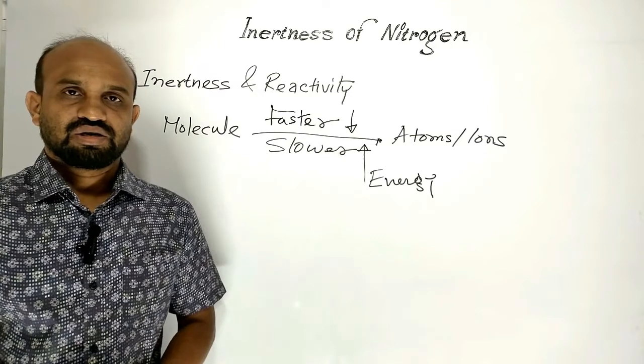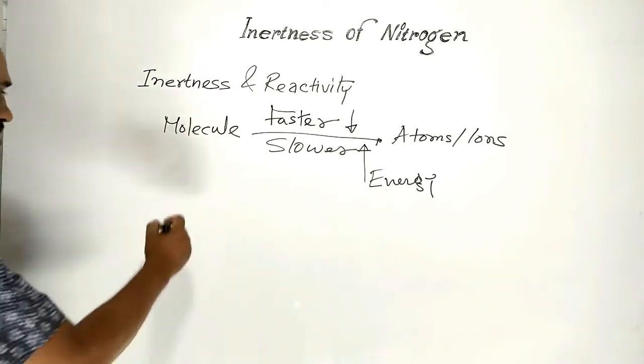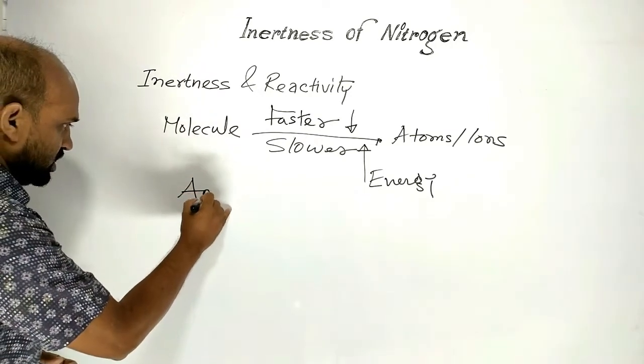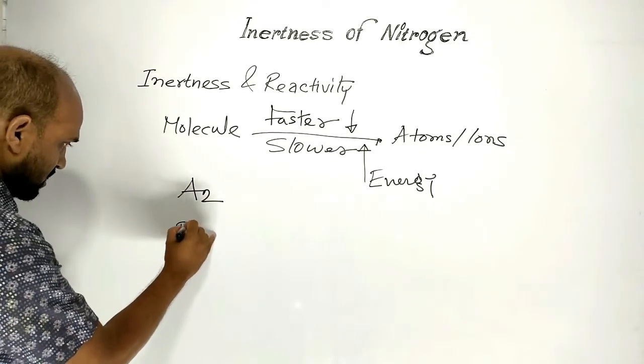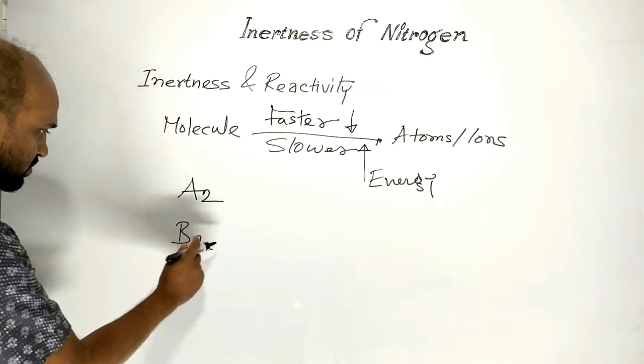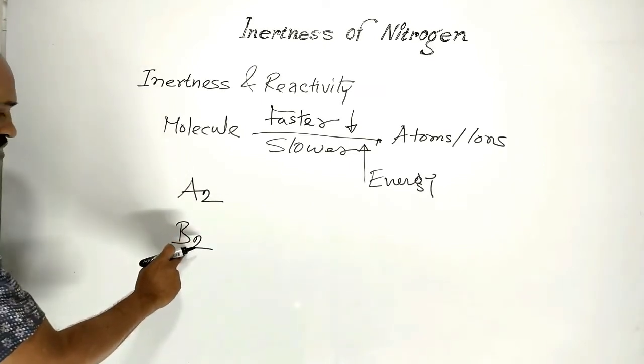Now let's consider two molecules. Molecule A, a diatomic molecule. Another molecule is B, also a diatomic molecule.